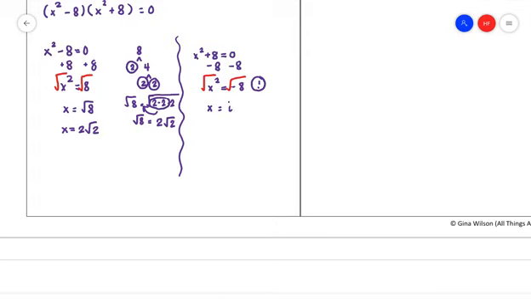We know that the square root of 8 is 2 square root 2, so it would be 2i square root of 2. So that negative on the inside becomes that i on the outside. So x equals plus or minus 2 square root of 2 and plus or minus 2i square root of 2.